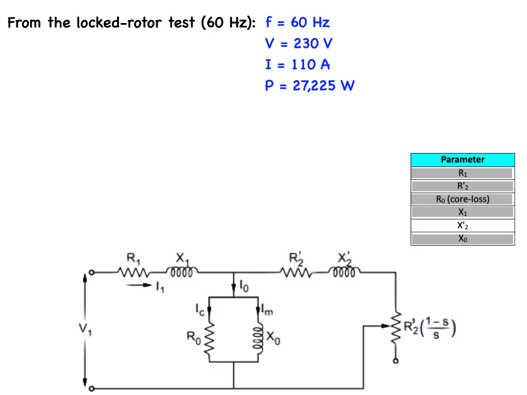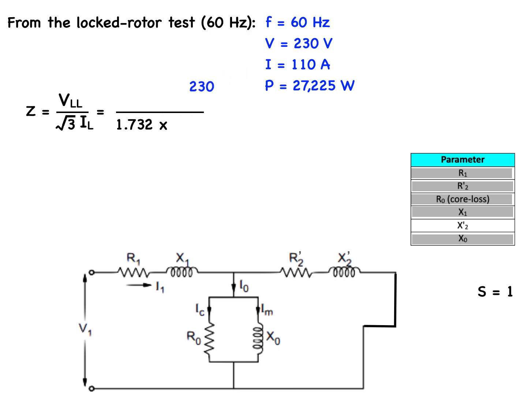From the locked rotor test at 60 Hz and with an input voltage of 230 volts, the slip S is equal to 1, so our equivalent circuit will now look like this. The total impedance of the circuit is given by this equation. Z is equal to the voltage divided by root 3 times the current, which is equal to 230 divided by 1.732 times 110, and that's equal to 1.207 ohms.